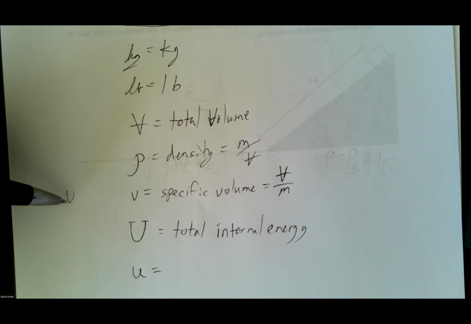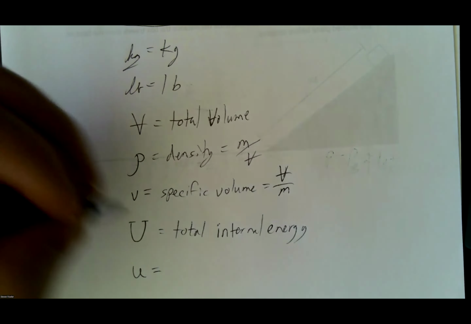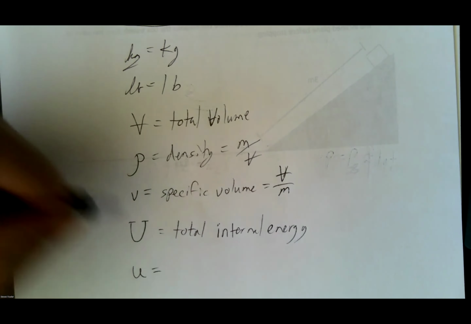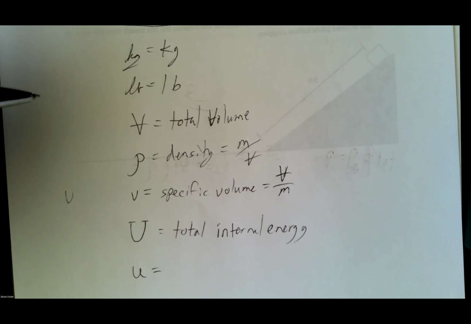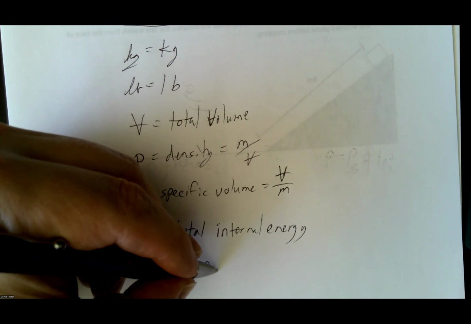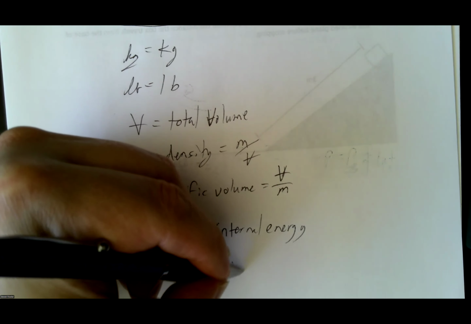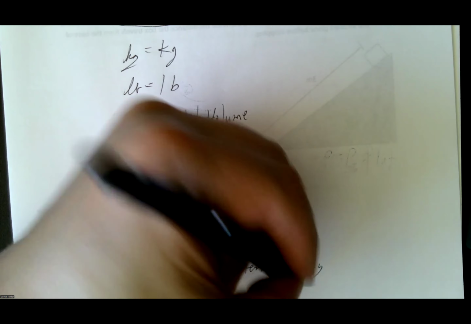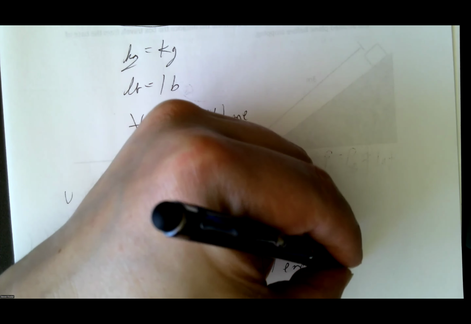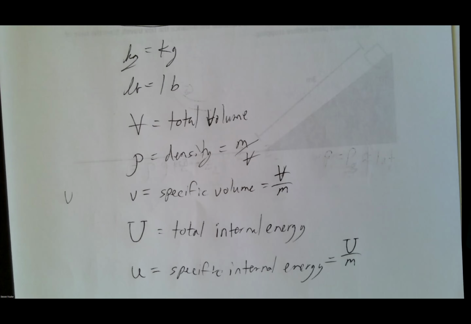That's normally how I draw my lowercase v. You need some way of knowing the difference between a u and a v and a capital V and a capital U. This is how I do it. All right, this is specific internal energy. Specific internal energy, which is, of course, capital U per unit mass.